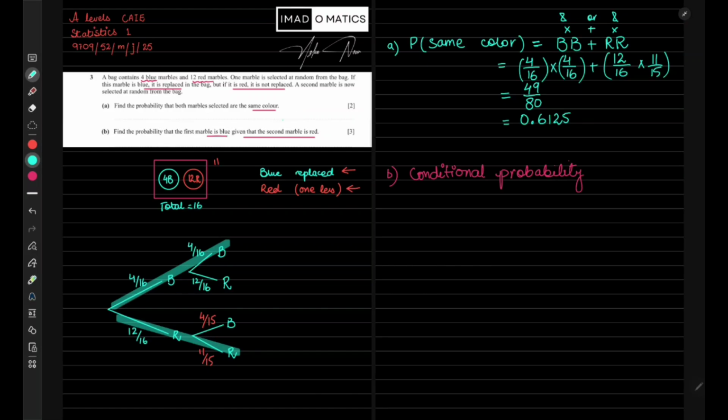The given is always event B, and what needs to be found is event A. So the probability that the first marble is blue, given that the second marble is red, is the probability of first blue and second red together, divided by the probability of second red.